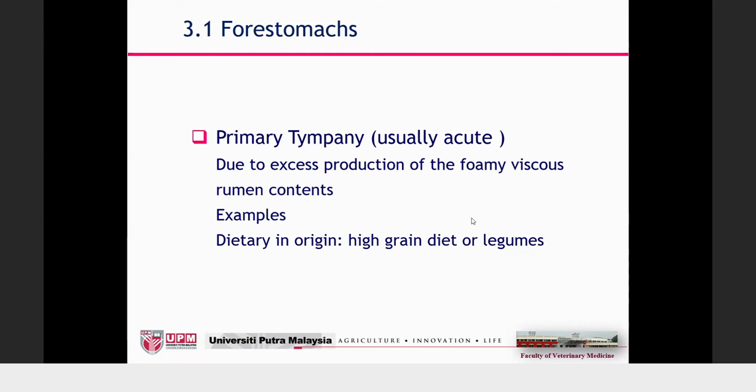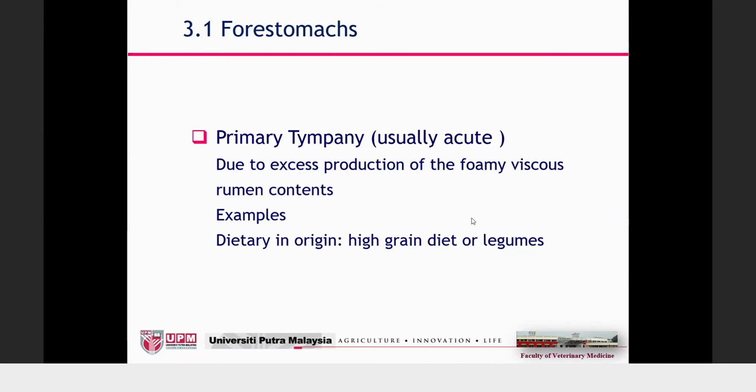When you have a balloon that is difficult to rupture, as a result they keep on accumulating and are not being excreted outside the stomach, whether through the mouth or through the anus or rectum. So they are not able to be removed from there. When the gas is caught in viscous, foamy form, it keeps on accumulating and cannot be excreted. That's why it becomes a problem.